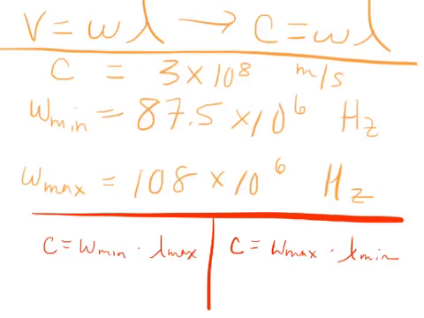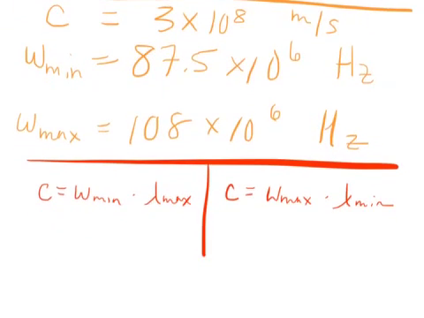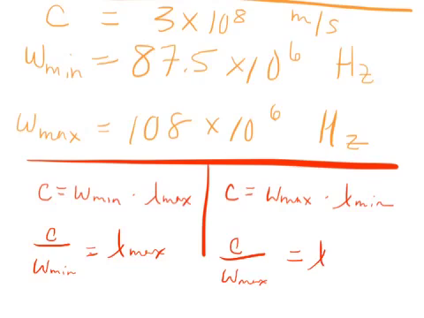But remember that when you minimize the omega, you're going to maximize the lambda because they're inversely related to each other. So at this point, you can solve for lambda in both of these cases. You're going to get c over omega min equals lambda max, and c over omega max equals lambda min.